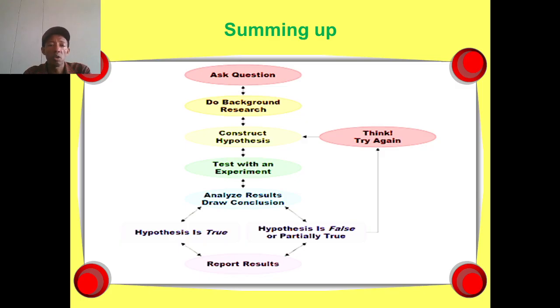It's bidirectional, it's not unidirectional. You analyze the results and draw conclusions. And if the hypothesis is true, you report the findings. If the hypothesis is false or partially true, you report the results, or simply you analyze the results and draw conclusions again, or simply you think again and try to construct a new hypothesis. This is all.